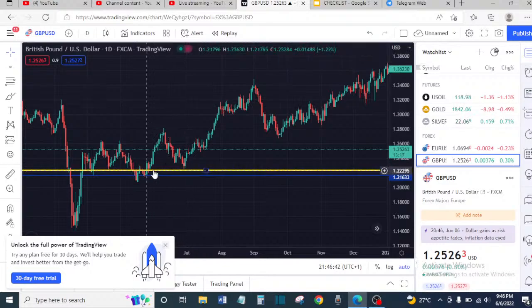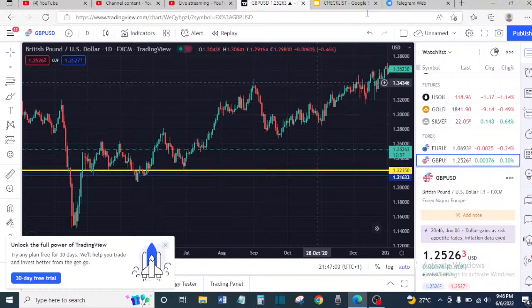So this is the support. You can see from this point to this point, this is the support. But price stopped at this point.